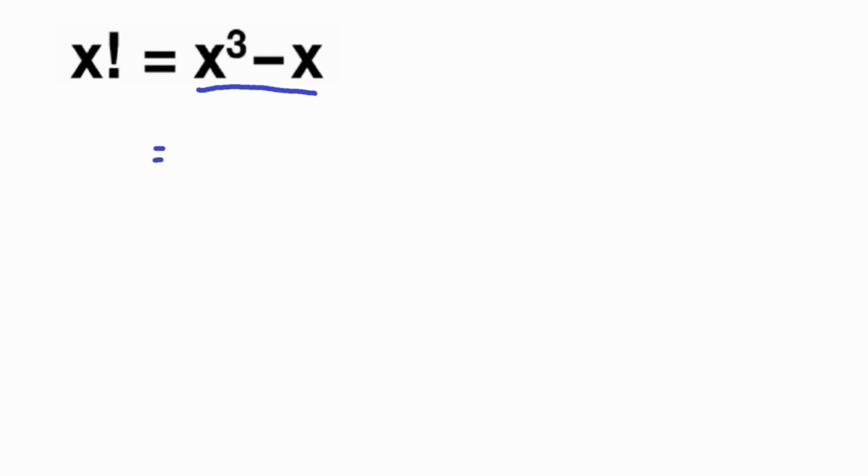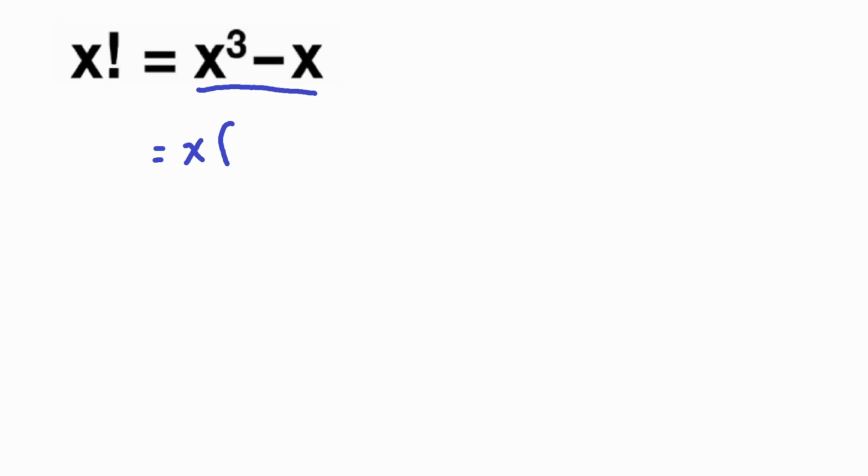So factoring out means I simply take one away and multiply it here on the outside. And then inside of the parentheses, we'll have x cubed minus x, with one x taken away. So we take an x away from both terms.